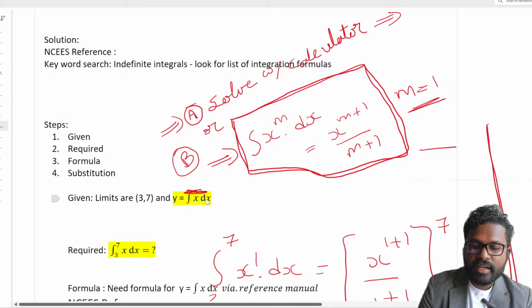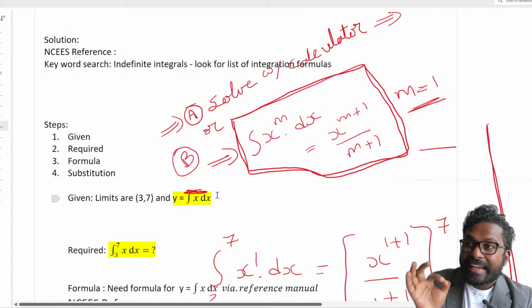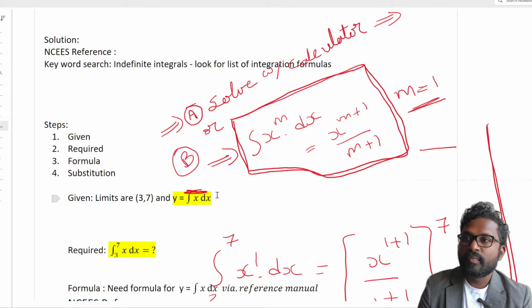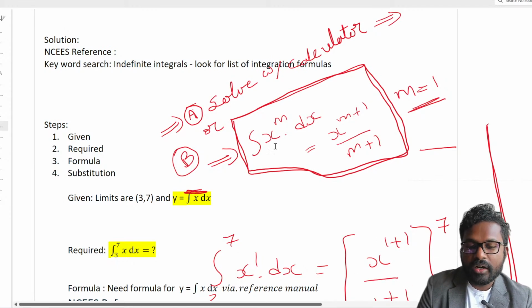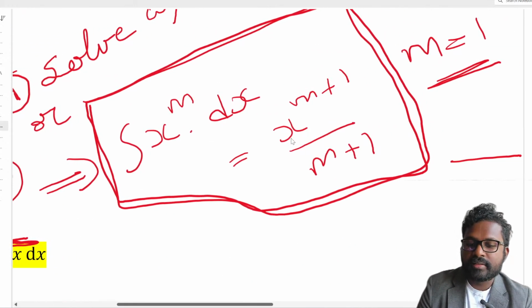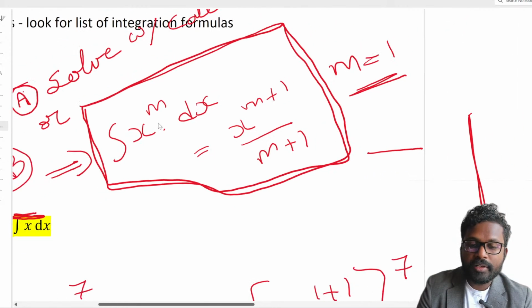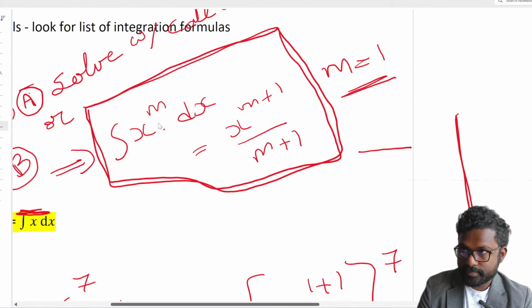Integral of x dx can be rewritten as integral of x power 1 dx, which is the same format as integral of x power m dx. So integral of x power m dx is equal to x power m plus 1 by m plus 1. That is the formula you will find.